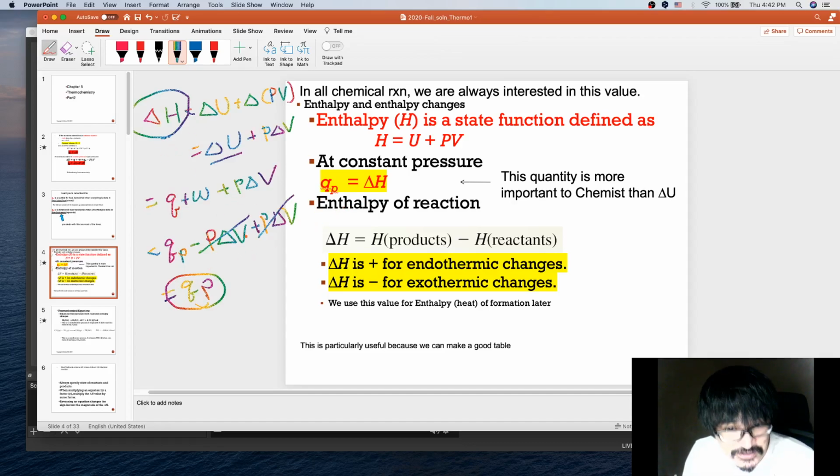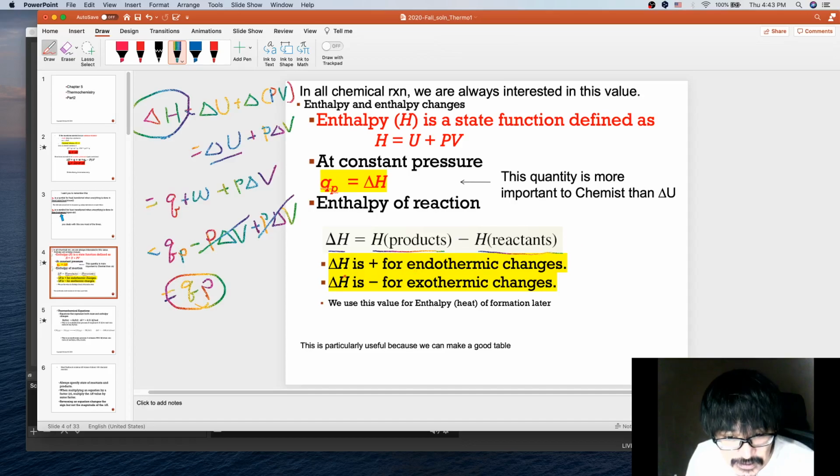Delta H is the value for the Q_P. And this delta H being a state function, delta H is equal to the enthalpy of the products minus the enthalpy of the reactants. So if I have a table of the enthalpy values of the products and the reactants, then I can calculate the delta H for the reactions too.